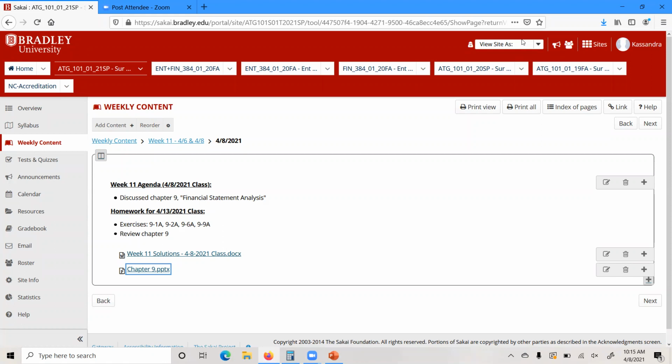9.6 is computing working capital and current ratio. And 9.9 is a little bit of a comprehensive analysis. And actually, we'll go over that one together.